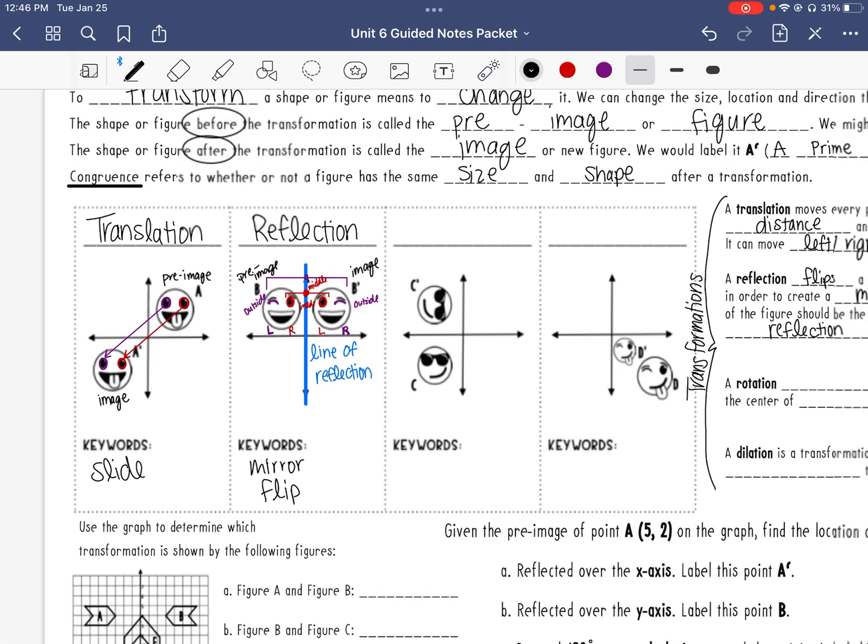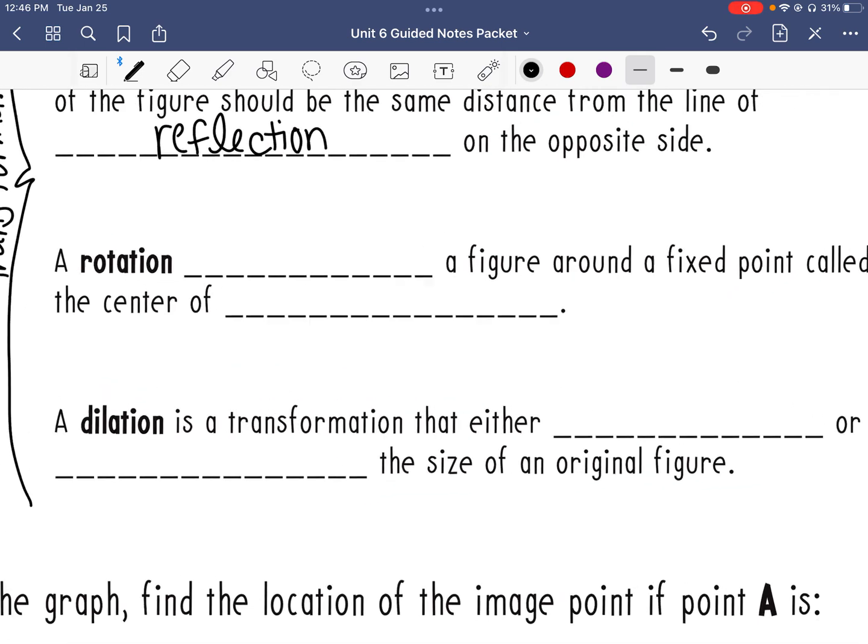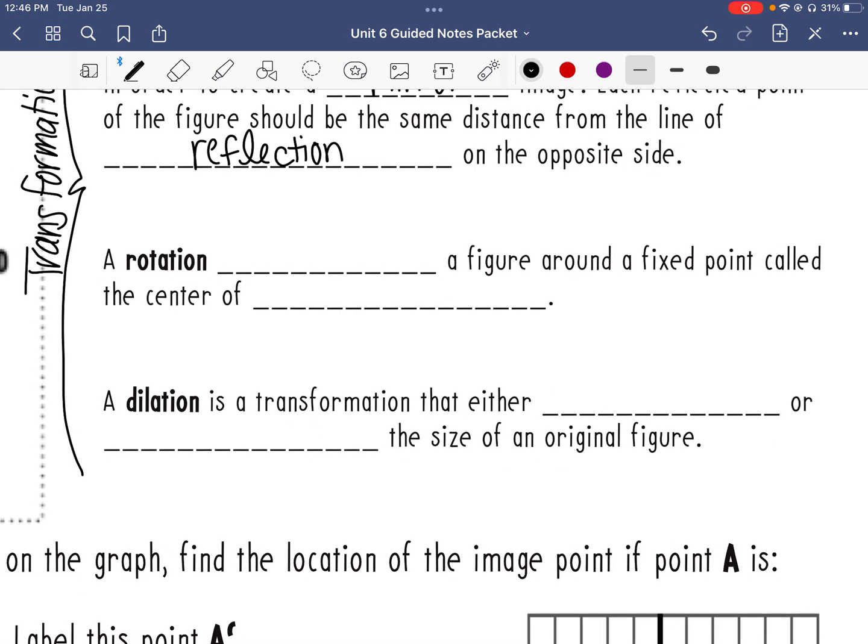All right. Next transformation is a rotation. So in a rotation, let's think. What is a rotation? What is something that rotates in your life? Most of the time I was getting the motion from kids on their hand, like they were showing me a rotation with their hand.